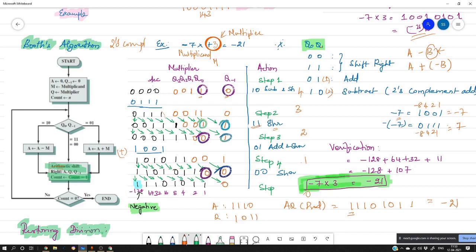At 64 there is 1, and at 32 there is 1, so I take 64 and 32. This is 0, so I leave it. Here you have 8 plus 2 plus 1, which is 11. The 4 has been left out. Summing all these positive values, I get 107, and minus 128 plus 107 gives us minus 21.